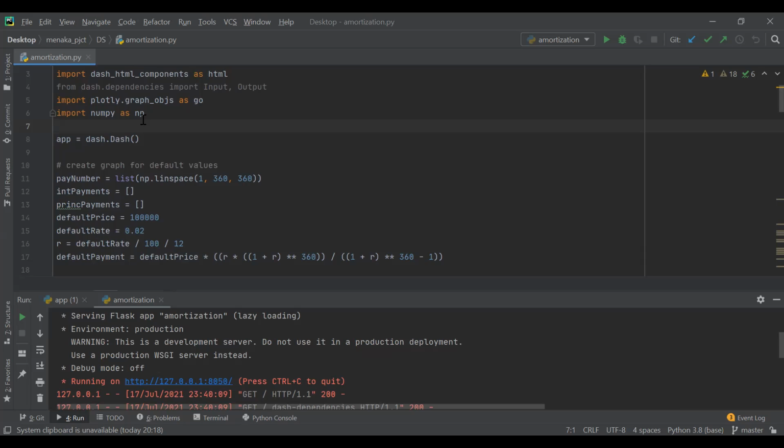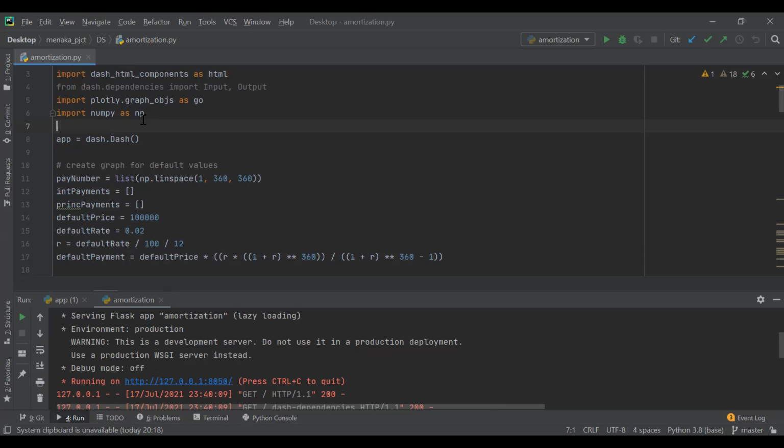For Python projects, with Dash we cannot make visualizations; we can only build an interface to display Plotly visualizations. So it's a user interface library for creating analytical web applications.